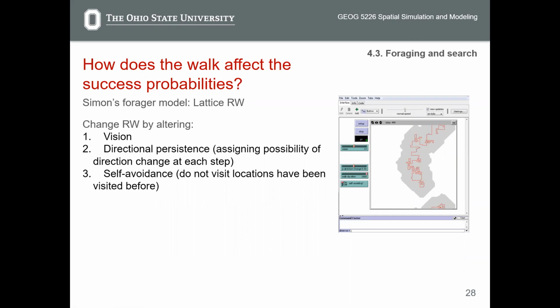Of course, if you give 1 to the model as the probability of direction change at each step, it means that the efficiency of the walker will be extremely low, because at each step it will have to change direction, right?